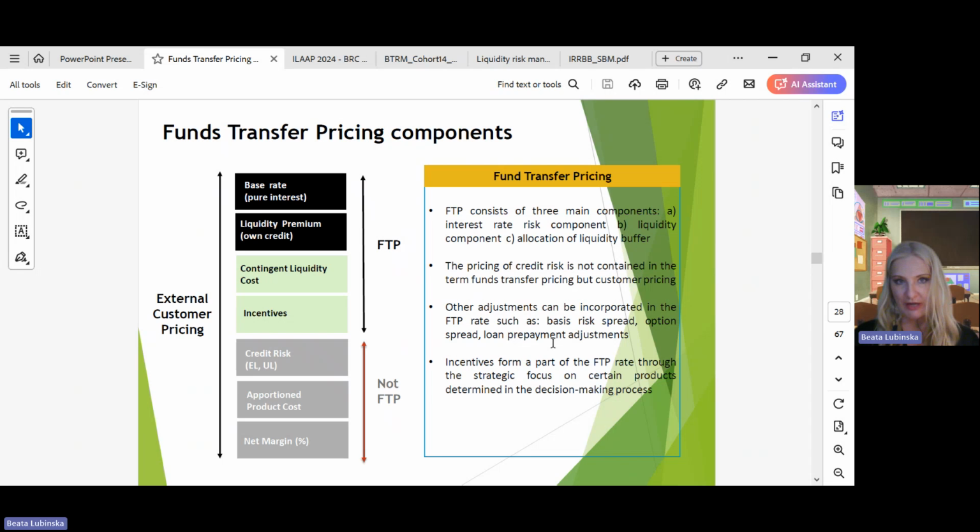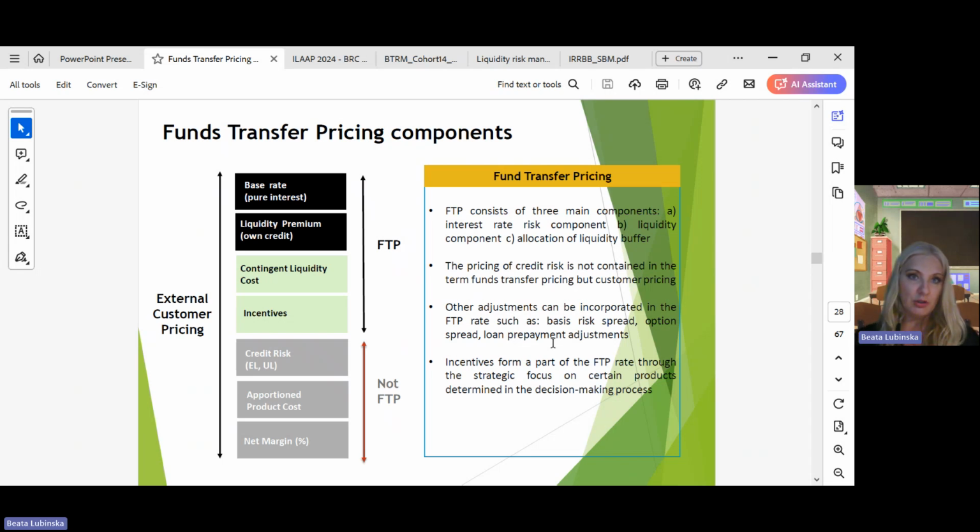And all components of the FTP rate, there are at least 3, 4, or at least 3. It depends if you are also allocating incentives under the FTP framework, or you are charging some optionality spread. This all is included under the FTP rate.